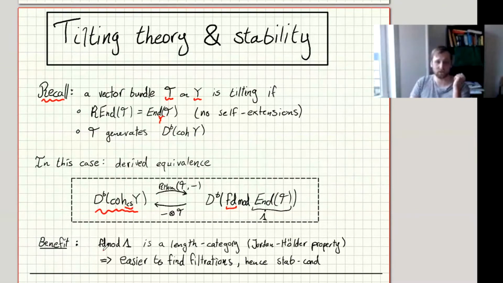So finite dimensional modules of a ring form a length category, so they have Jordan-Hölder filtrations, which means that filtrations in this category are much easier to deal with, and we know that they exist. So it's easier to define stability conditions in this sort of setup.